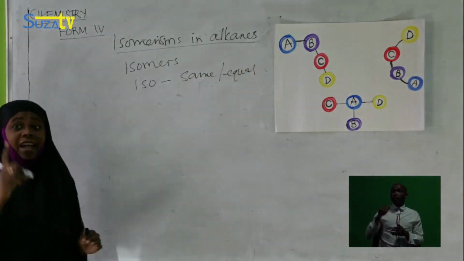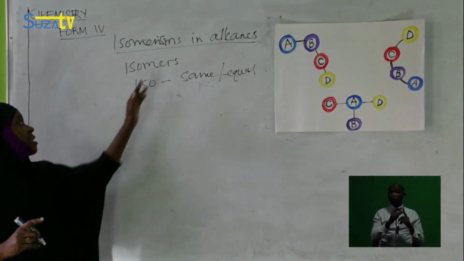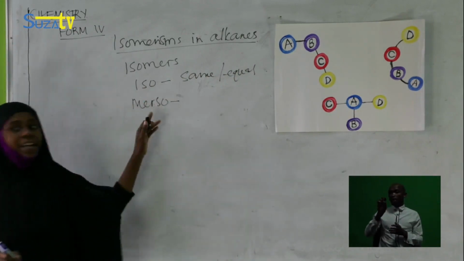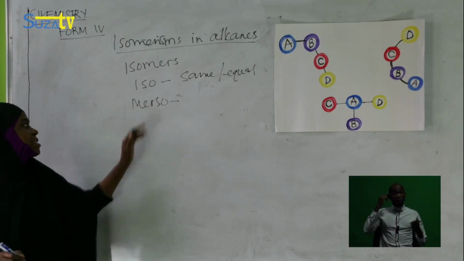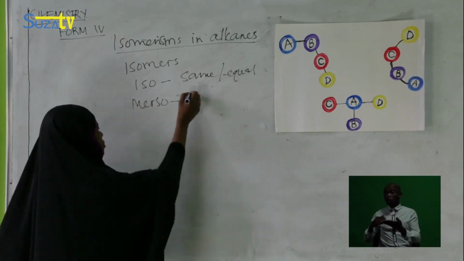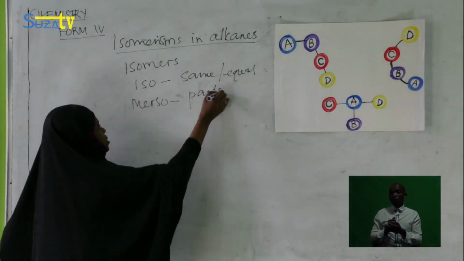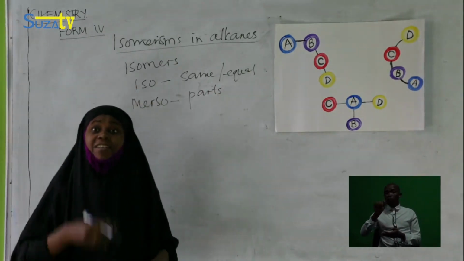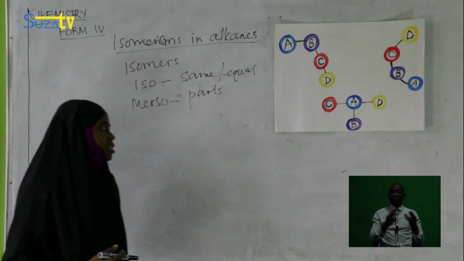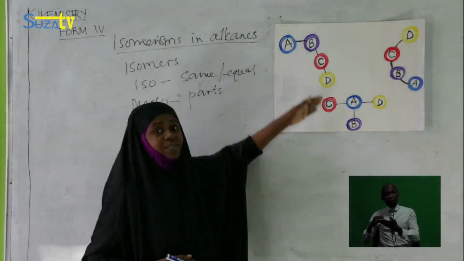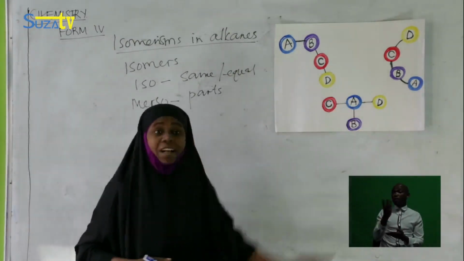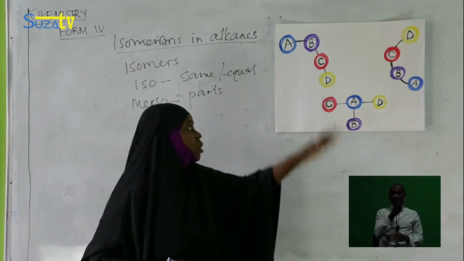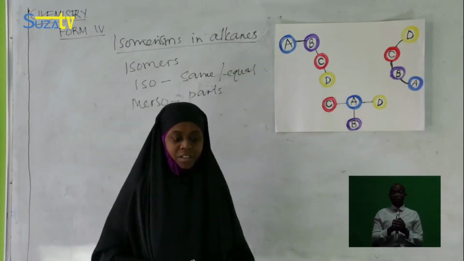Then the second word is meros, which means parts. Therefore, isomers in Greek means same parts. So over here we have these 3 compounds of the same number of atoms, or same parts.